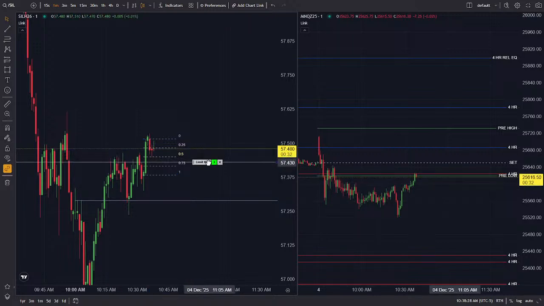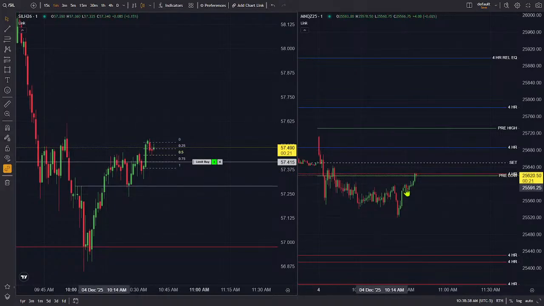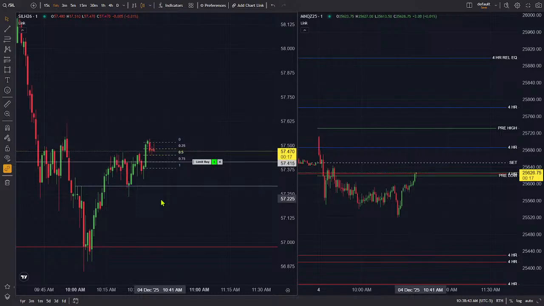I'm going to bring it down just a little. Isn't that strange how they kind of run in unison even though they're completely different products? I think trading a micro silver is kind of like trading a mini on the ES.